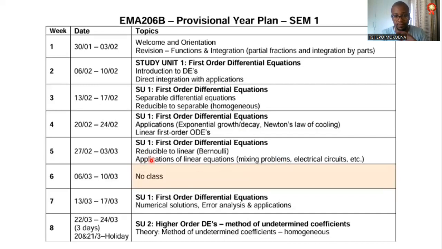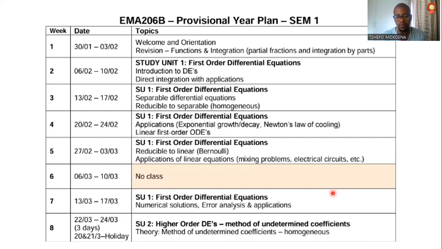And therefore, while we're still under the first unit, which is unit number 1, first order differential equations, what are we going to look at? We're going to look at reducible to linear, where now we're going to talk about Bernoulli. I love Bernoulli. I've encountered Bernoulli several times. We're going to do Bernoulli, which is reducible to linear, which is also first order differential equations.